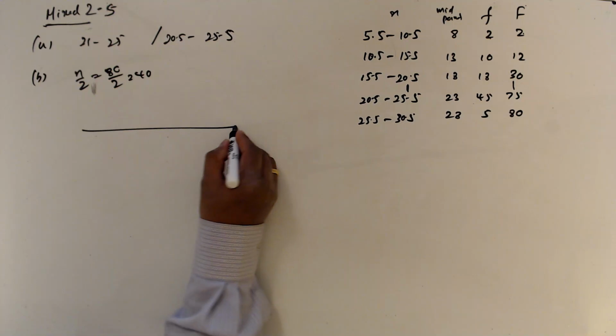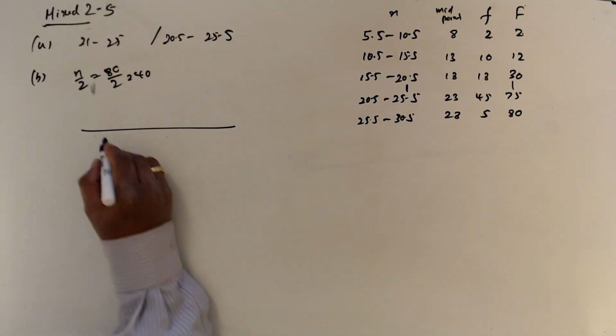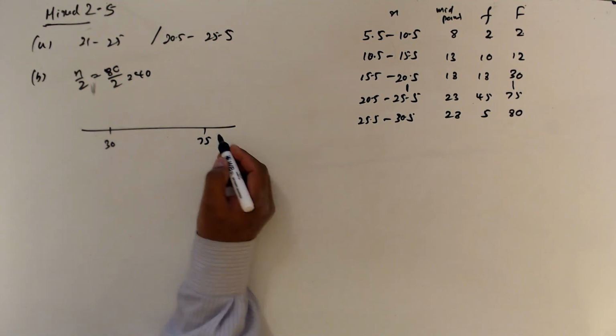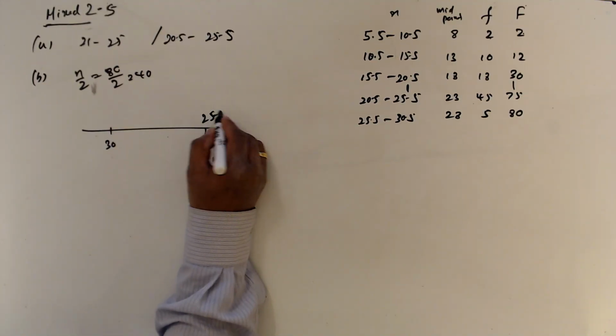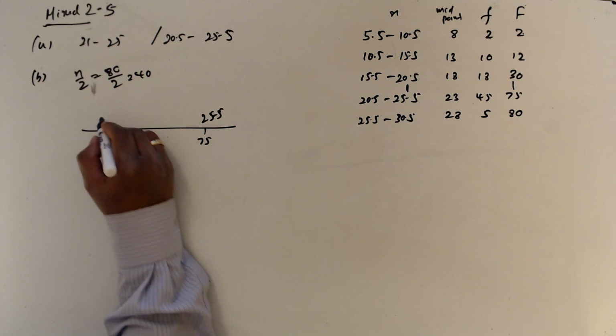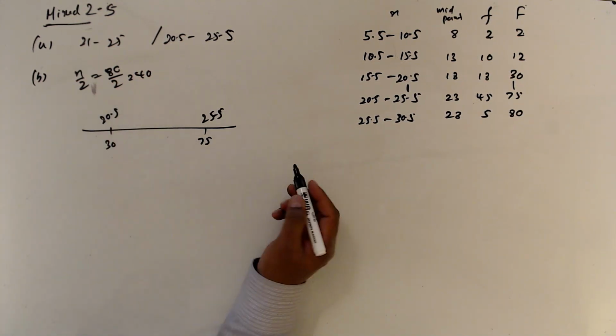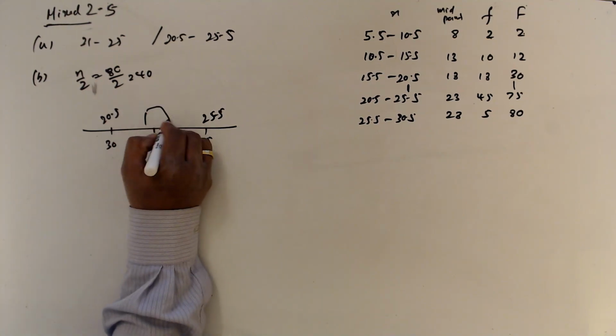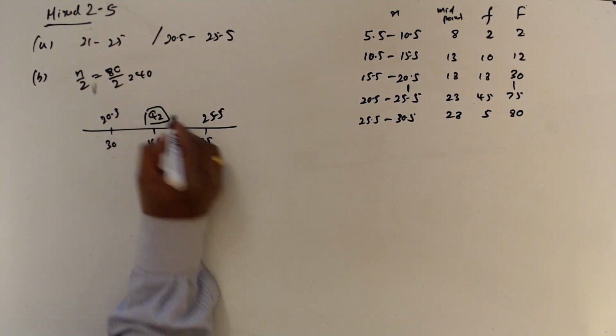So in that case, the terms 30 and 75, the upper bound is 25.5 and lower is 20.5. I need 40. So this is the median. Let's say Q2.